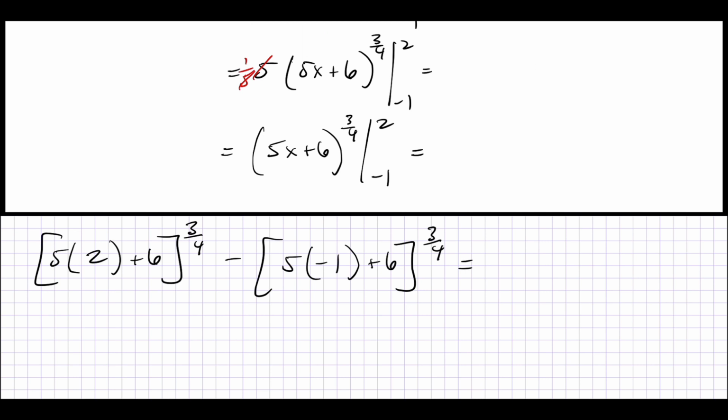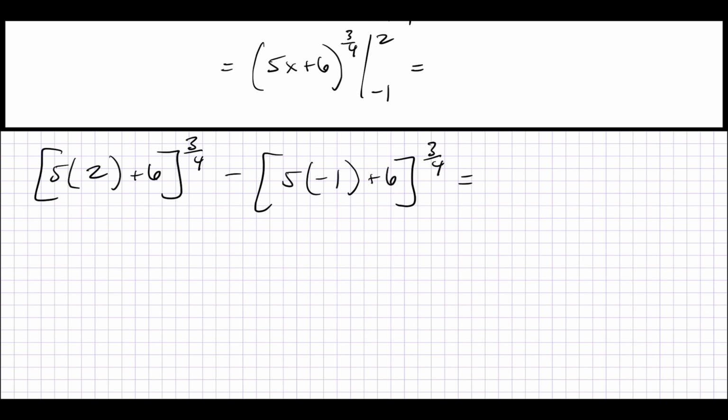Second number I'm going to plug in is -1. So 5 times 2 is 10, plus 6 is 16, so 16 to the 3/4 power. 5 times -1 is -5, plus 6 is 1, to the 3/4 power.